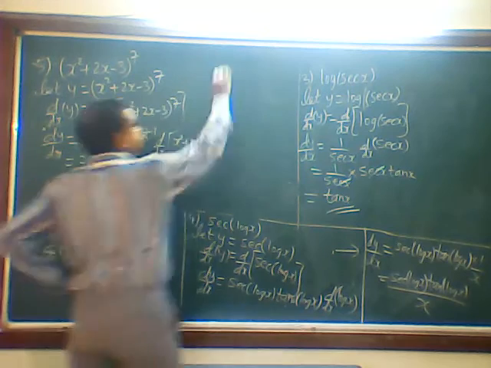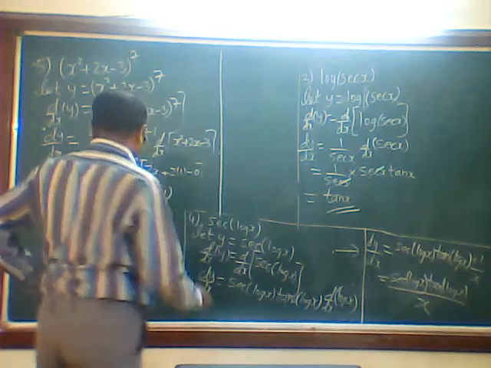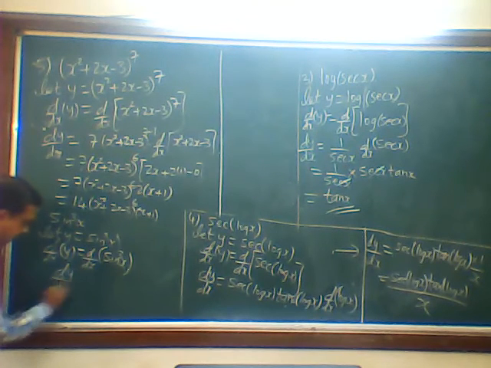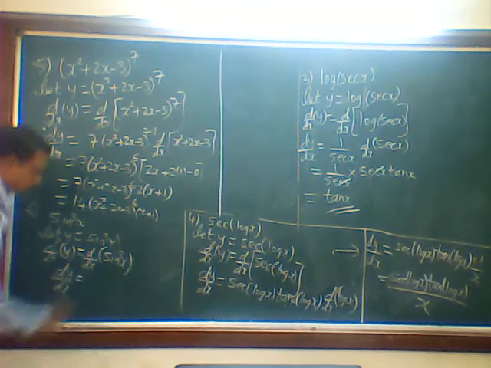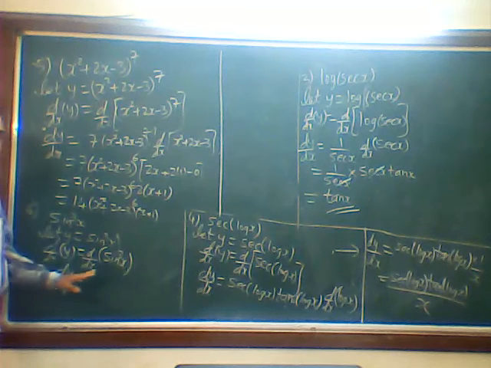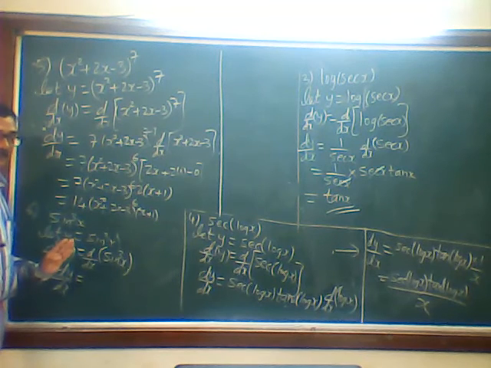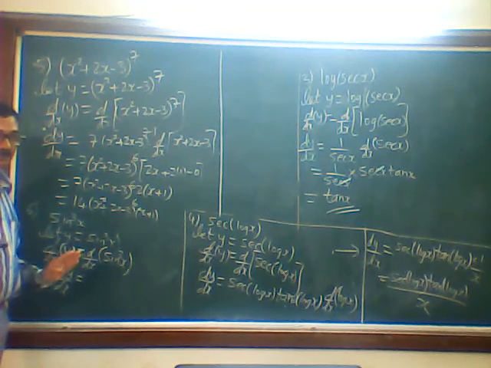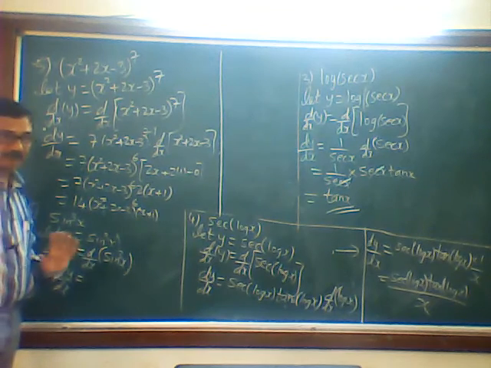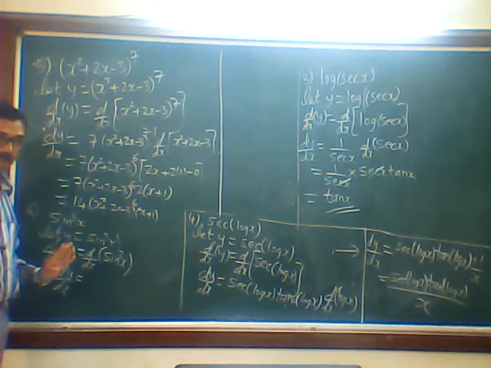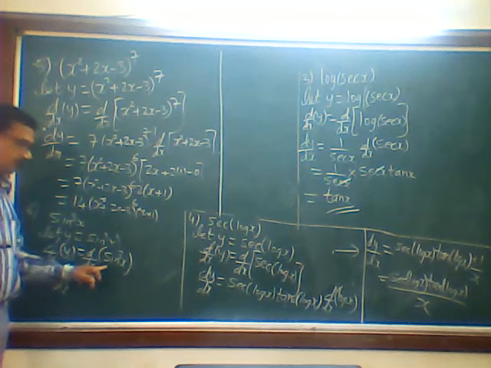What happens? Is equal to, okay, I'll write it here only, dy by dx. Okay, if you have a confusion, you remember your list of formulas. In list of formulas, whether I have given you d by dx of sin x or sin cube x or sin square x, I have not given any power. I have given you only d by dx of sin x. Okay, so means we can't write directly.